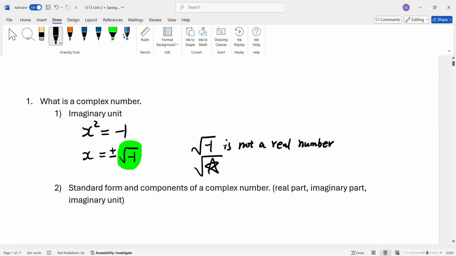If the radicand of a square root is negative, the radical is undefined. Well, in real number set, this equation has no solution.